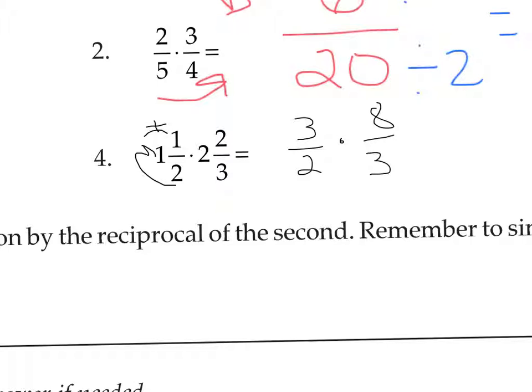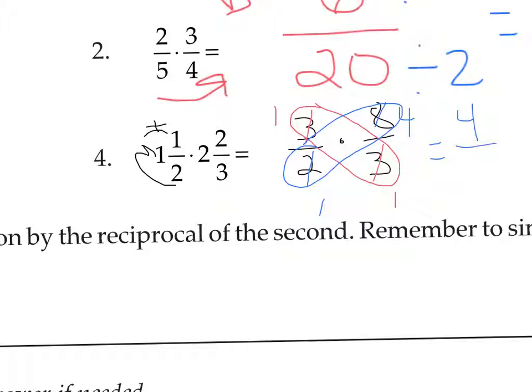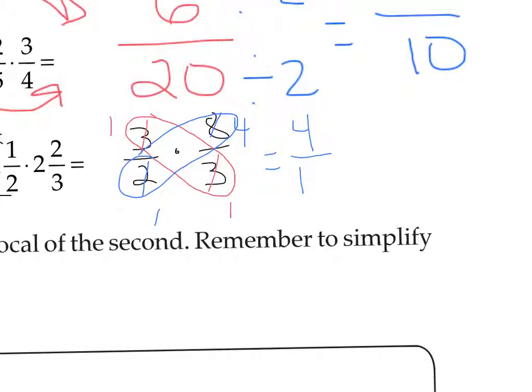And I'm going to cross cancel because I see these can both be divided by 3, and these can both be divided by 2. And that gives me 1 times 4, 1 times 1. 4 over 1, which simplifies to make 4.